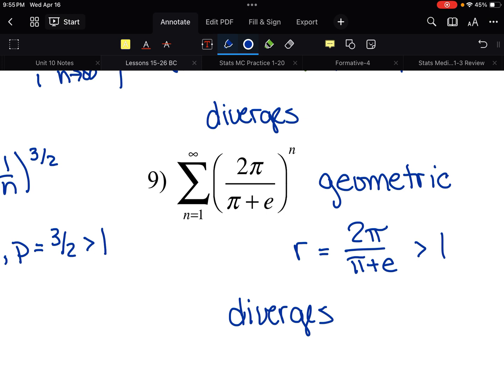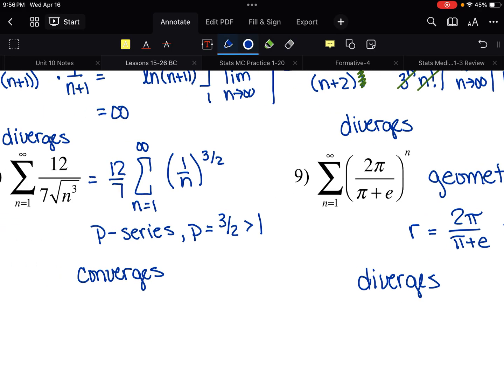Sorry, I said it wrong. 2 times 3.14 and 3.14 plus 2.7 or so is 5.84. Number on top is bigger. That's bigger than 1. So if you've got a geometric series and the ratio is bigger than 1, divergent.